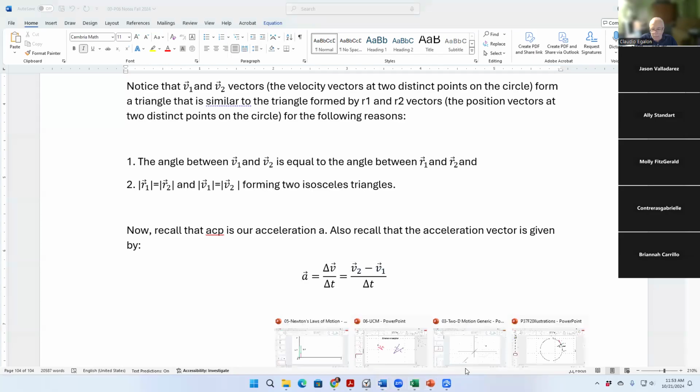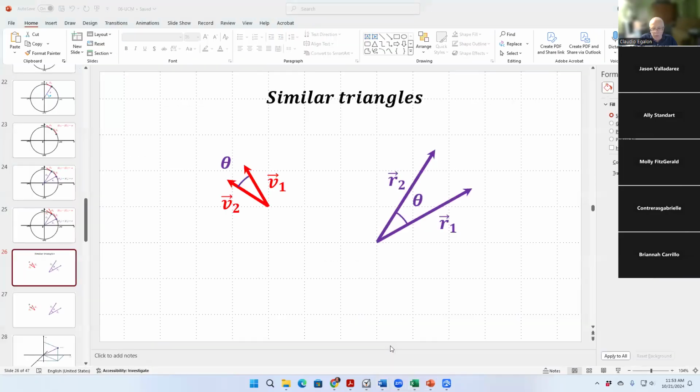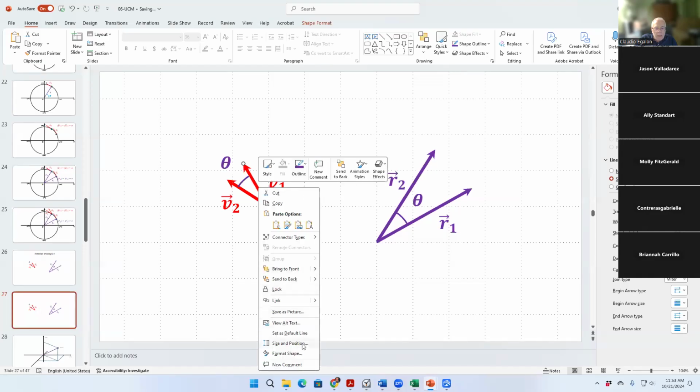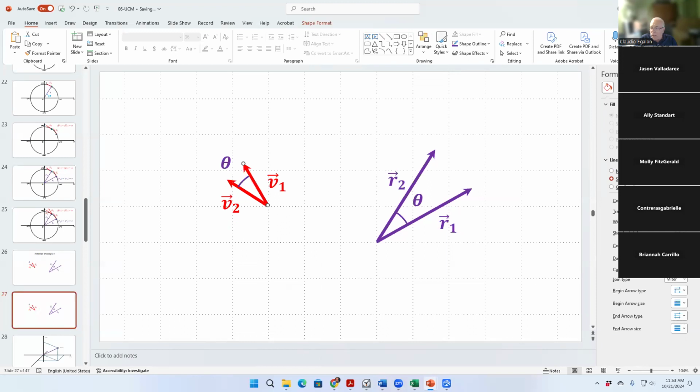Going back to the drawing board, V2 minus V1 is going to be what? We have to invert the V1. Let's invert the V1.